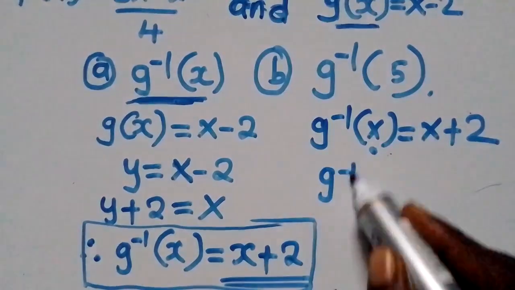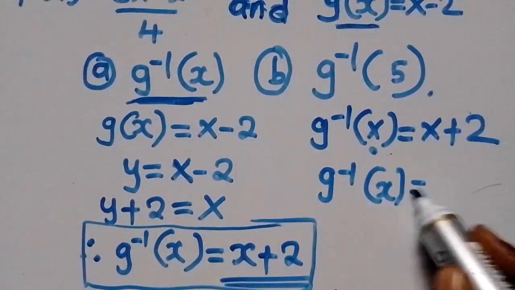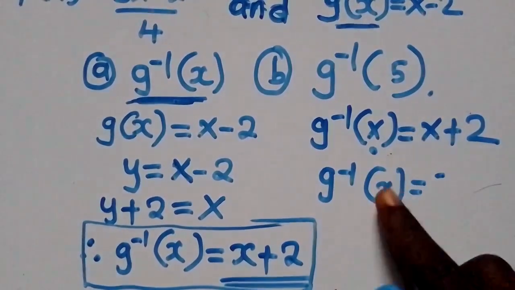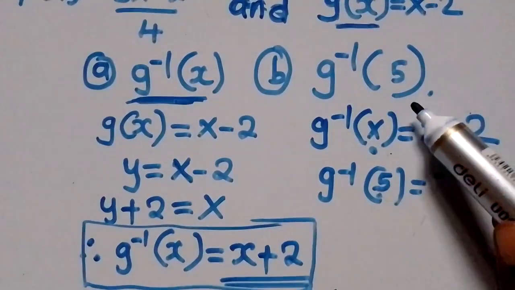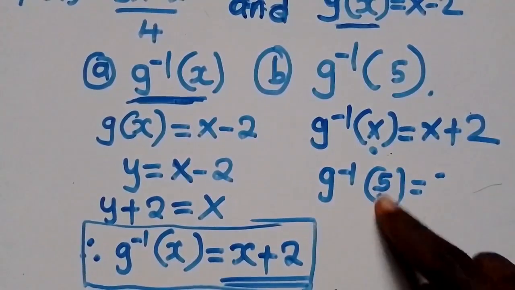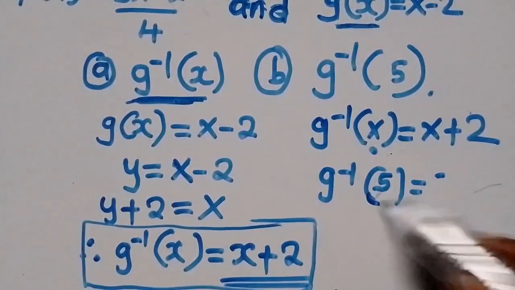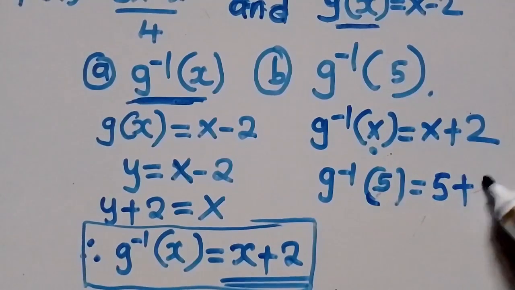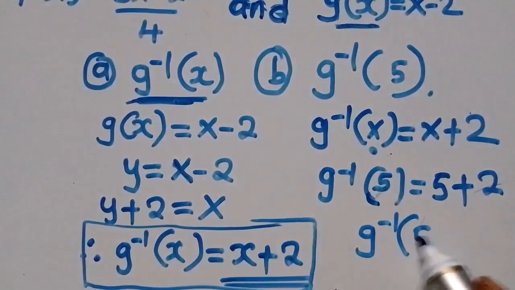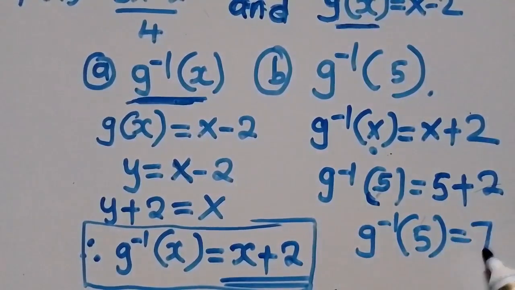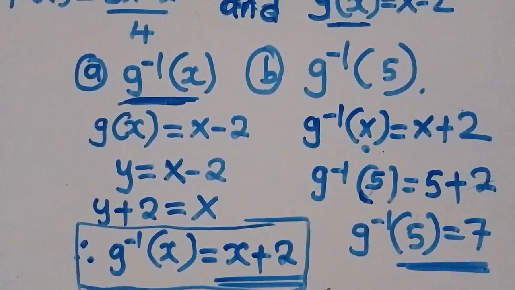So g inverse of 5 is equal to 5 plus 2. Then you say g inverse of 5 is equal to 7. So this is your answer. This is how you need to answer it. These are procedures that you need to follow.